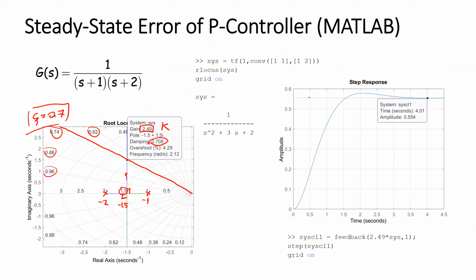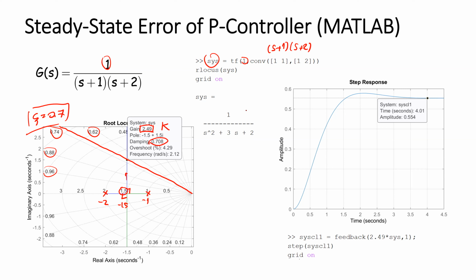So the sys itself, when I plot the root locus, is the transfer function of 1 over (s plus 1)(s plus 2).